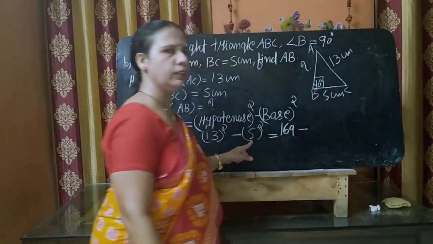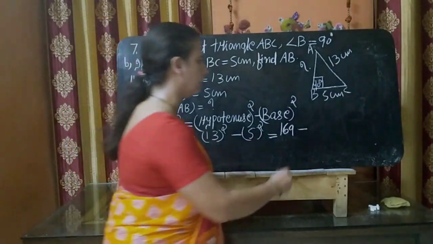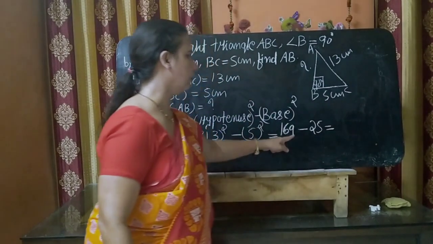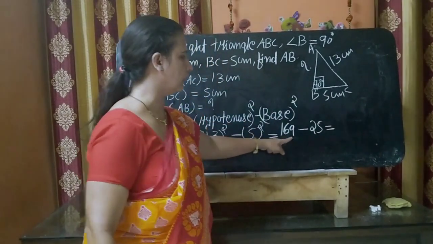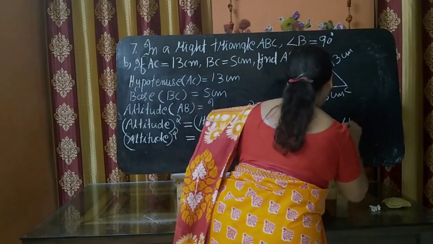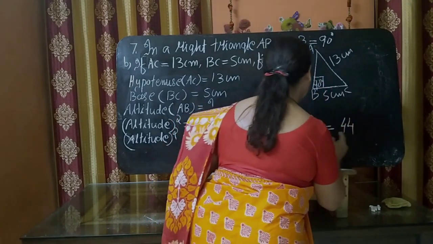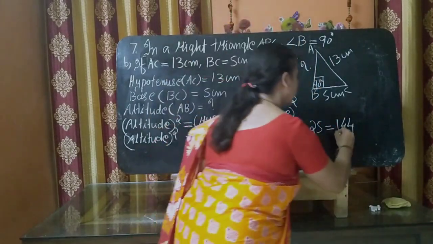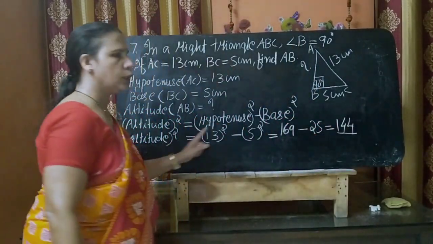Minus 5 square, 5 into 5, 25. Then 169 minus 25. 9 minus 5, 4. Then 6 minus 2, 4. Then 1. 144. This is the altitude square.